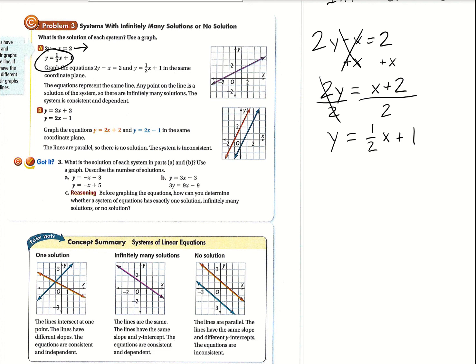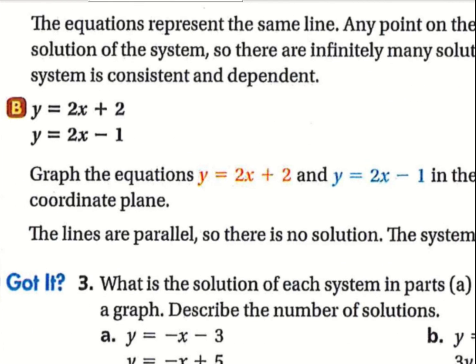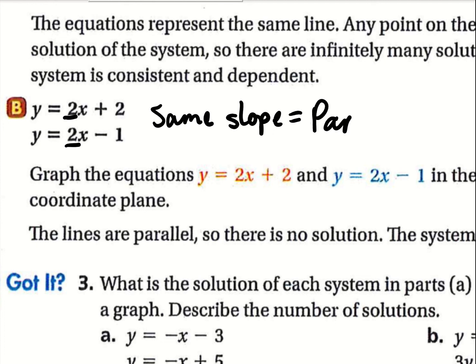All right. And then if we look at example B here, let me erase this real quick. If we look at example B, we have y equals 2x plus 2 and y equals 2x minus 1. Well, if you think about our last few lessons, these two have the same slope. So what we learned about that is when we have the same slope, they're parallel. Okay?